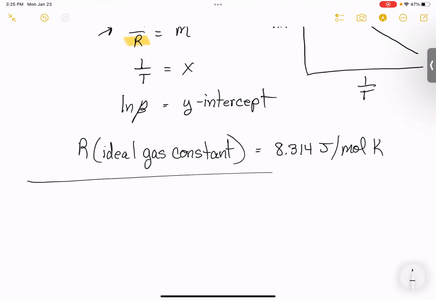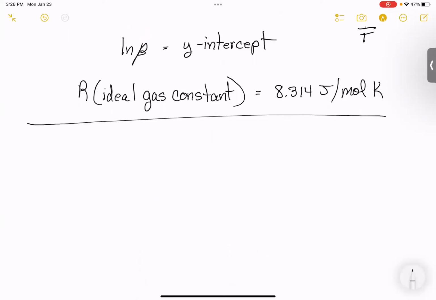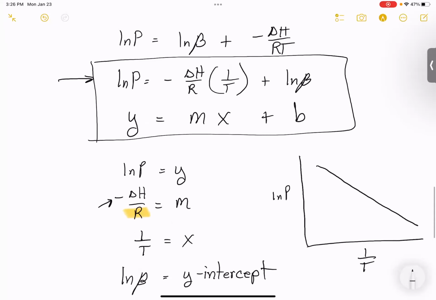Now, there is one more thing. And that is we can take the equation that we developed here, and from that equation, we can ultimately get to the Clausius-Clapeyron equation. If you use this equation, you're talking about just one point in time.